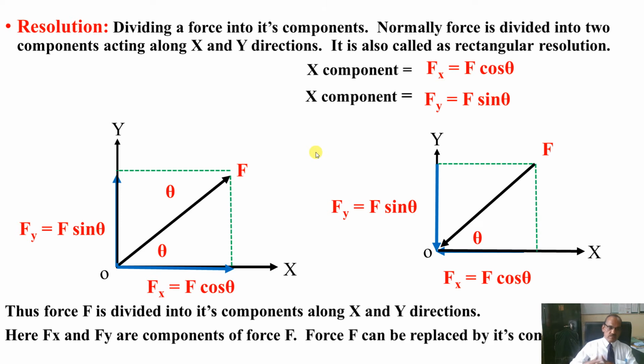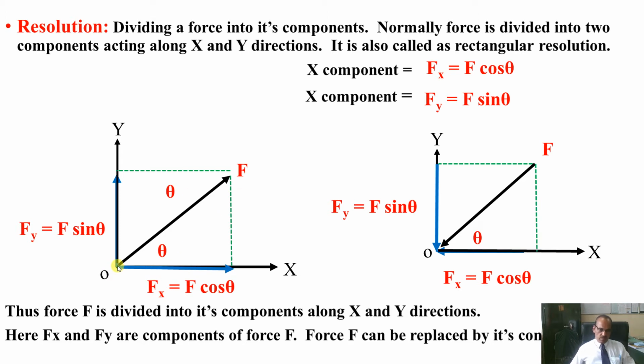Now let us come to the resolution. If a force is acting at a point, for example, this is point O, this is a reference system X, Y, this angle is 90 degrees in total, and this is a force F, this is the magnitude of force, and the angle made by this force is theta.